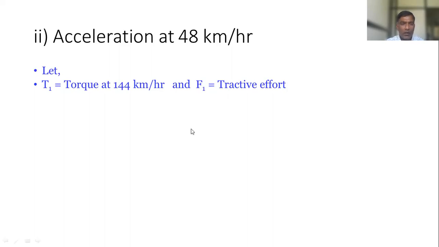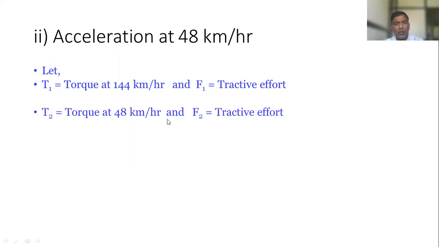And F1 is equal to tractive effort available with this speed. So T1, F1. Similarly, you can write T2 is equal to torque at 48 kilometers per hour, and F2 is equal to tractive effort.